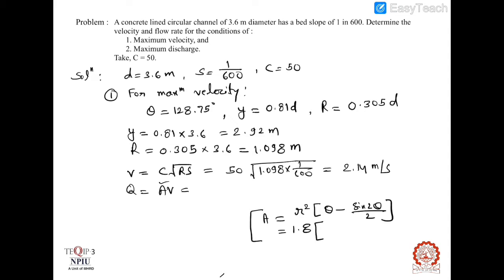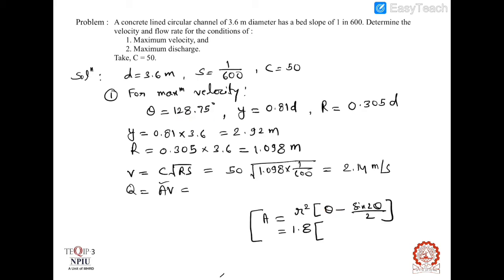Theta is 128.75 degree. Here we need to remember that if theta is alone, then we have to substitute the value in radian, and if theta is in a trigonometric function, then we have to put the value of theta in degree. Clear? So here theta is alone, hence the value will be in radian.